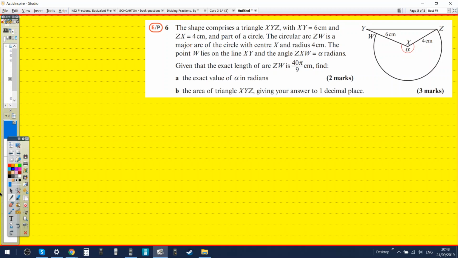Which is equal to 55.85 degrees. Radians? Yeah, and then multiply by pi over 180, which is 0.975.